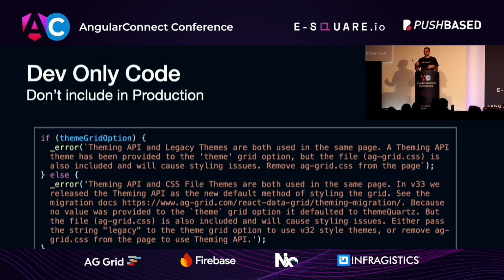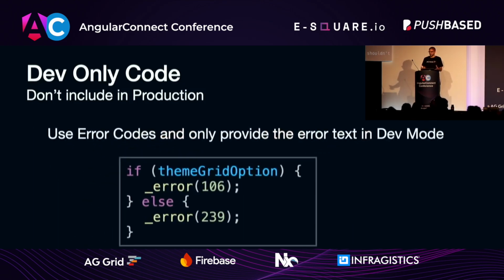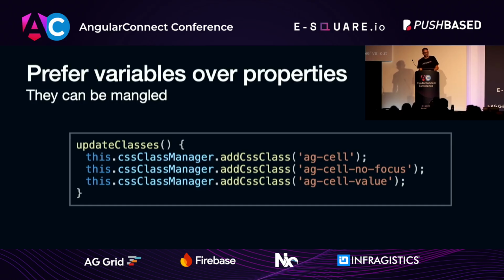So we had this, so if people make a configuration error in AG Grid, we want to help them in the console, but then we don't want to ship all that code to their end clients because it shouldn't be needed. So instead, we just throw error codes. And if they provide the validation module when they're developing, then they'll get the full text. Otherwise, they just get a nice link and they can go and view the context on our website. But we've cut out a lot of code.